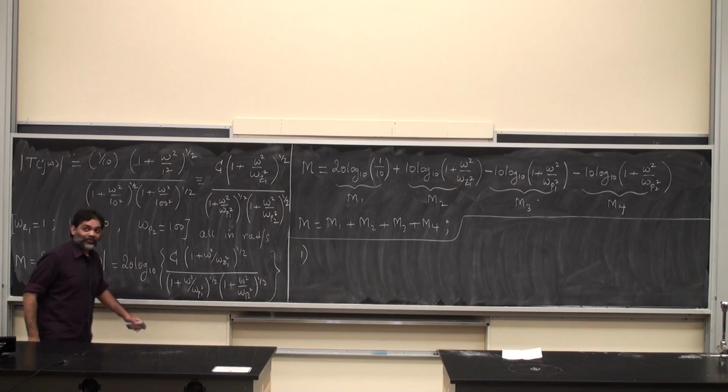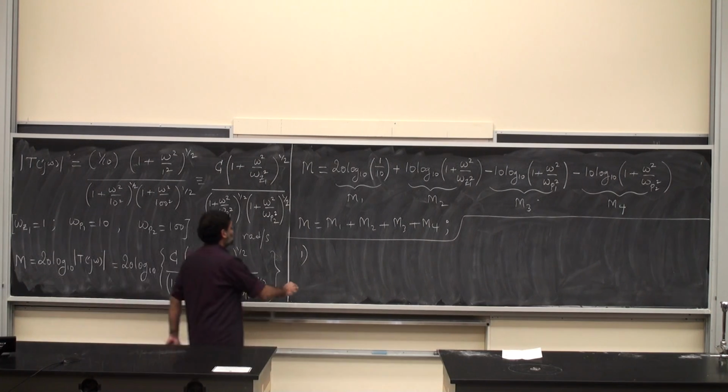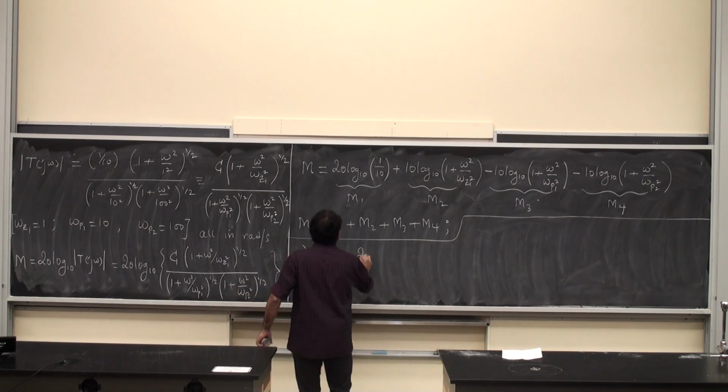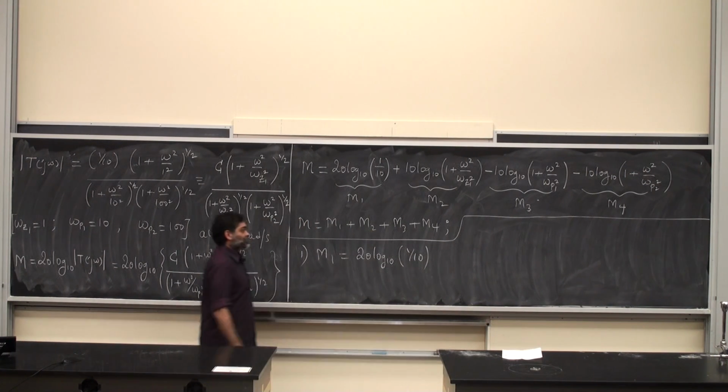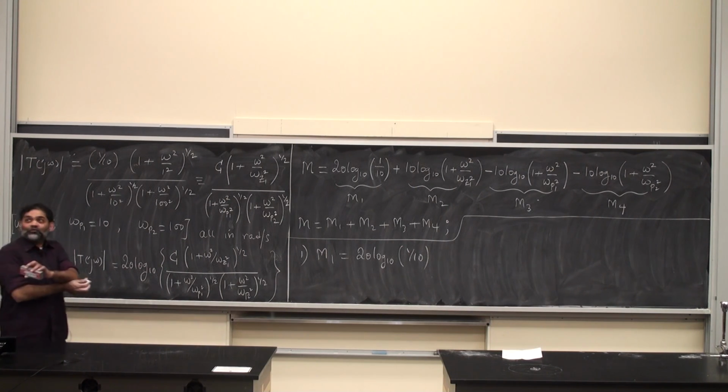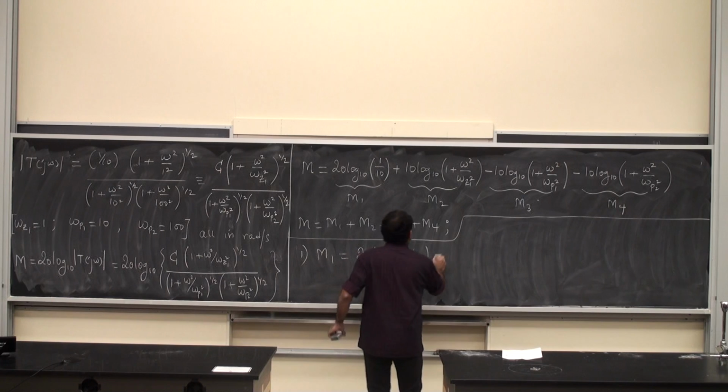First piece, M1, right? Log 10 of 1 by 10, 1 by 10 is 0.1, log 10 of 0.1 is minus 1, so this is just minus 20 decibels.